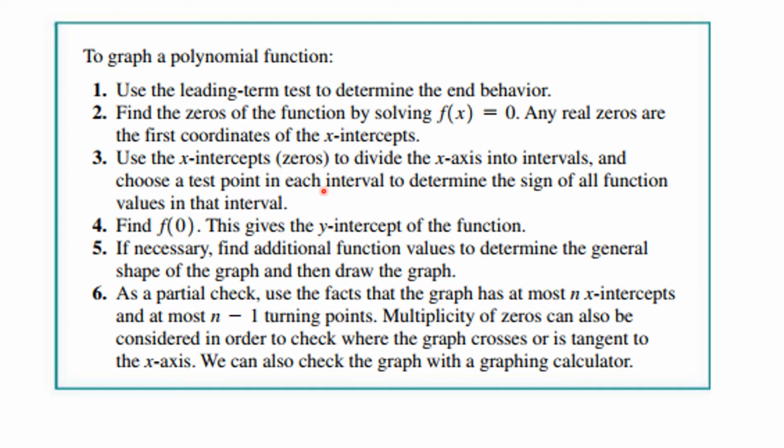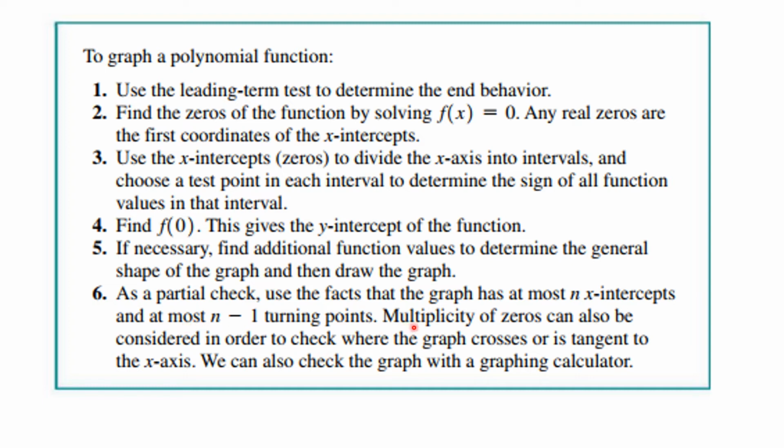You then divide the x-axis into intervals, and choose test points in each of those intervals to determine the sign of all function values in that interval. You find the y-intercept by plugging in 0 for x, and you can check additional points. Another check is to ask, do I have the right number of turning points? If it's an nth degree polynomial, you can have at most n minus 1 turning points.